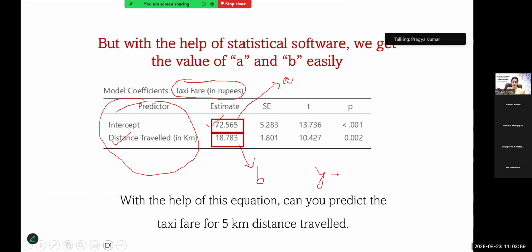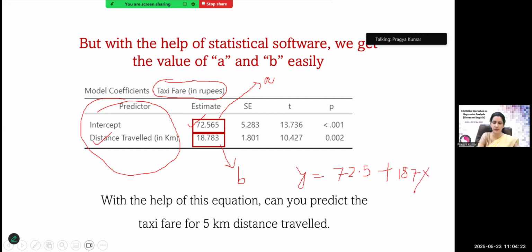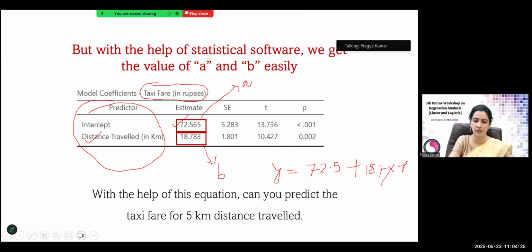Y is equal to 72.5 plus 18.7 into distance traveled, if it is X. So if you have to calculate, how will you do that? Please do that.